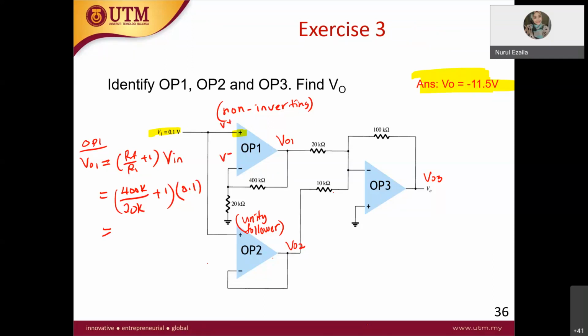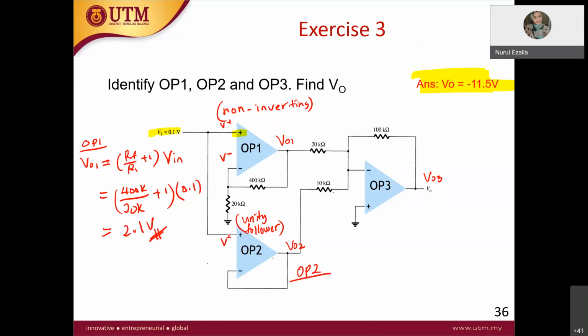V out 1, sorry: 400K over 20K plus 1 times 0.1. 2.1 volt. Okay. And the rest get the same answer, 2.1 volt? Yes. Thank you.